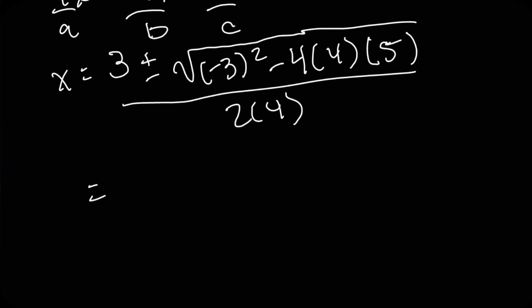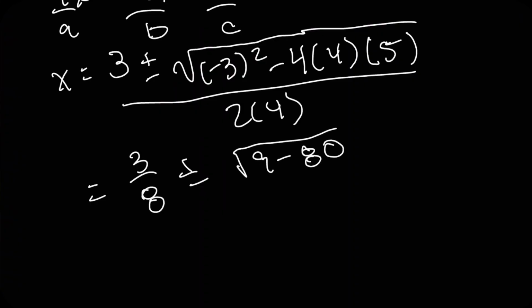Okay, so simplifying this, we will have 2 times 4, which is 8, so 3 divided by 8, plus or minus the square root of 9 minus 80, divided by 8. And if you notice, we're going to end up with an i underneath the square root, so let's just be mindful of that.